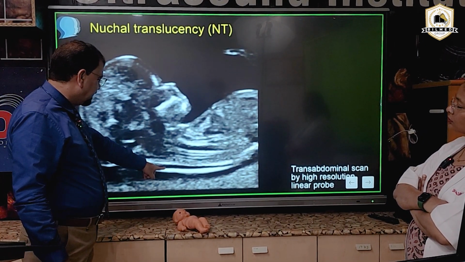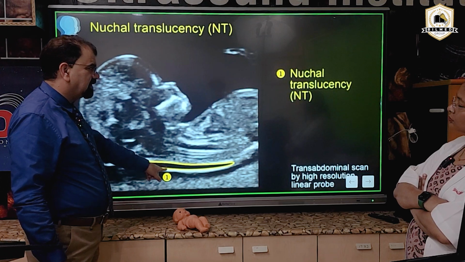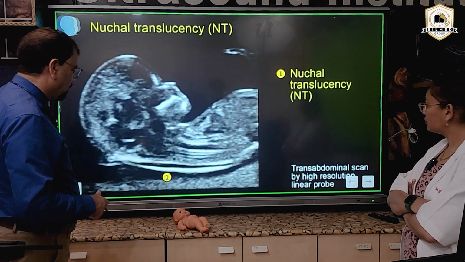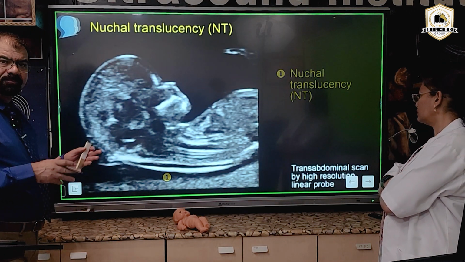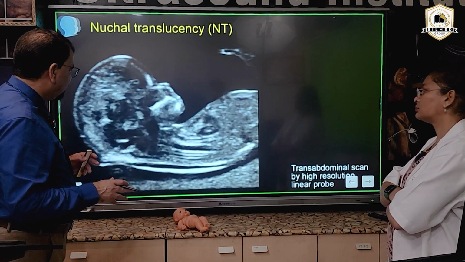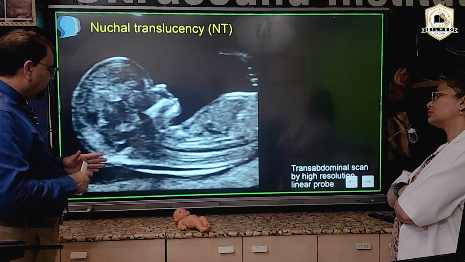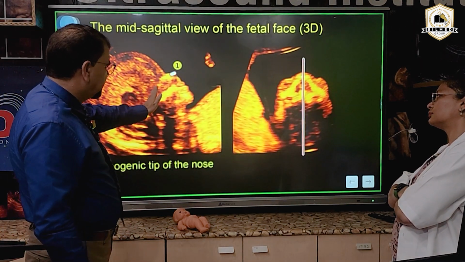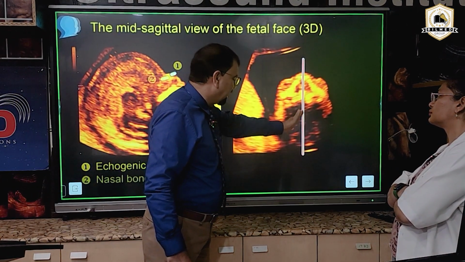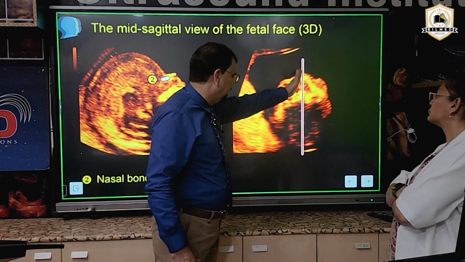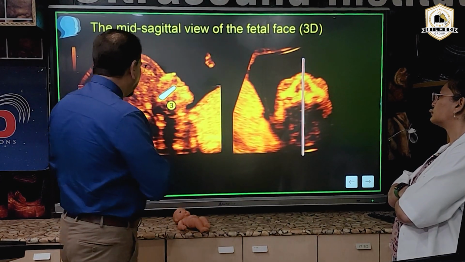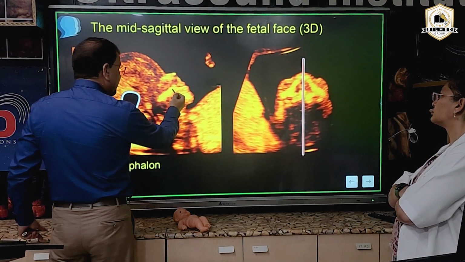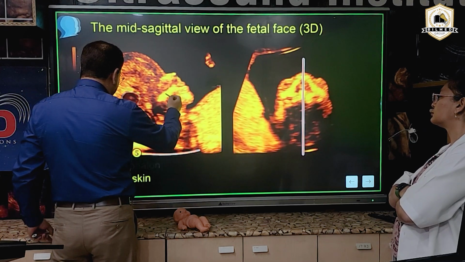So this is the NT over here, the first is the nuchal translucency. How to measure, wire to wire? We'll come to that. But pay attention to the fetal face over here. If your slice is cutting completely mid-sagittal, and you are seeing this over here, take a guess what that is.